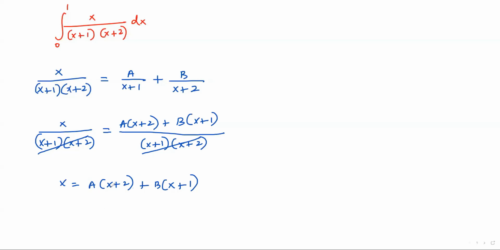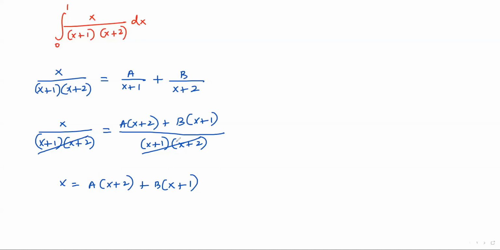If we plug in x = -2, then x + 2 becomes 0, so A vanishes and I get the value of B. If I plug in x = -1, then x + 1 becomes 0, so B vanishes and I get the value of A.